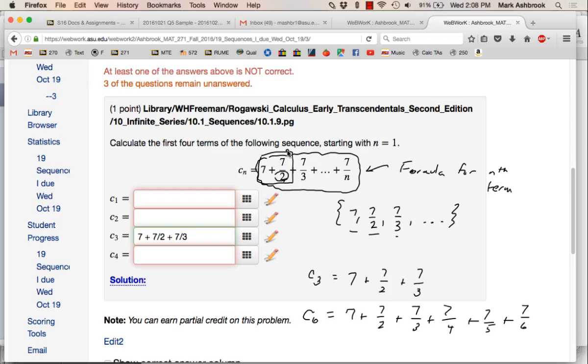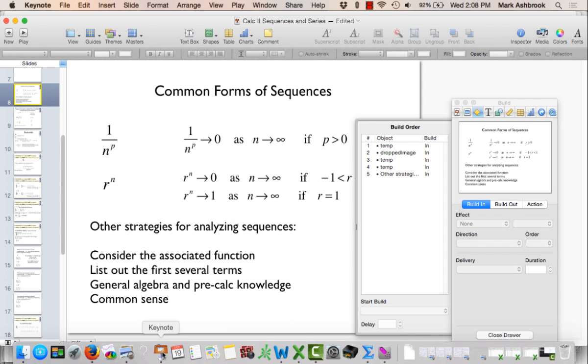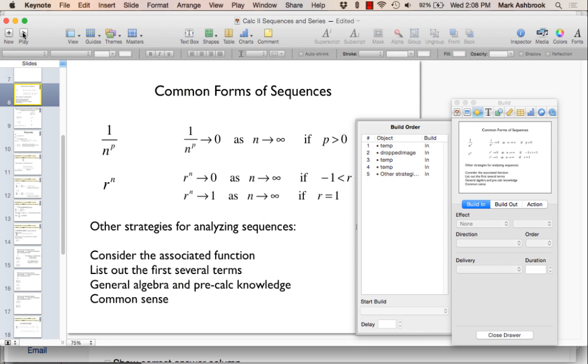Okay, other questions? All right, let's continue talking about sequences. So we left off last time with these two common forms, and I want to make it so when we get to series, which is the next thing we'll do after sequences, to make it consistent, I want to change the lettering here. So either change your notes or take new notes here. So this 1 over n to the p, we said as long as p is any positive value, this thing will go to 0, right?